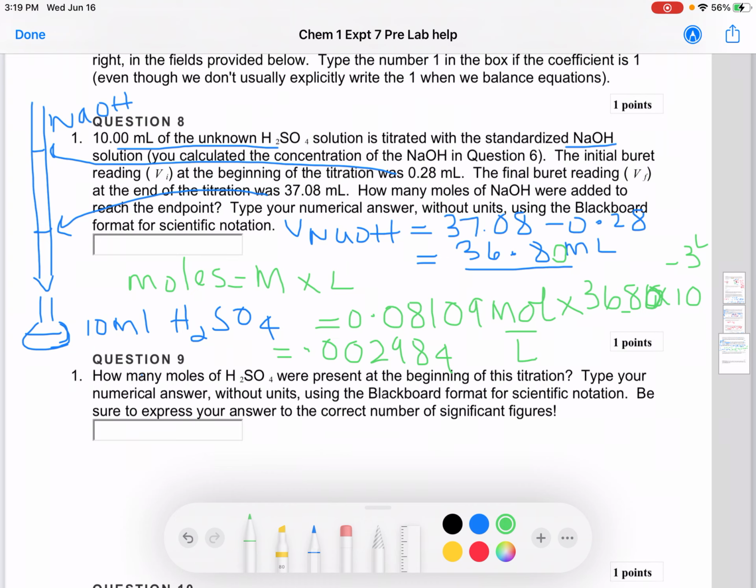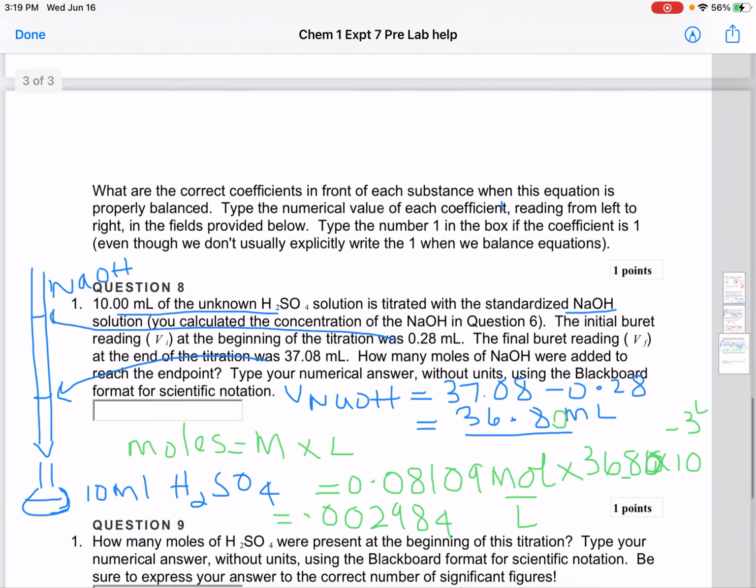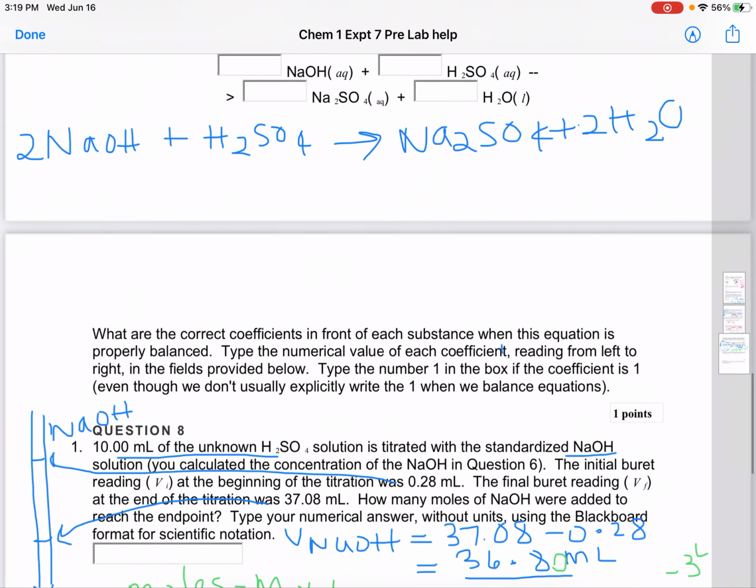Remember we have the balanced equation here. 2 moles of sodium hydroxide react with 1 mole of sulfuric acid. The molar ratio is 2 to 1. We found the number of moles of sodium hydroxide, so the number of moles of sulfuric acid should be half of that, because the molar ratio is 2 to 1.